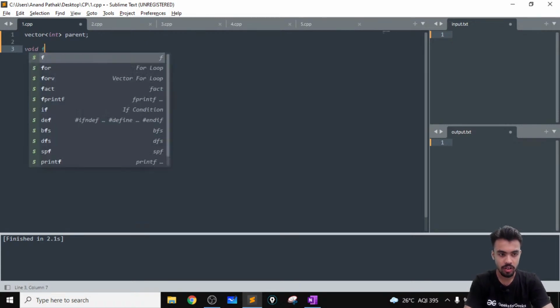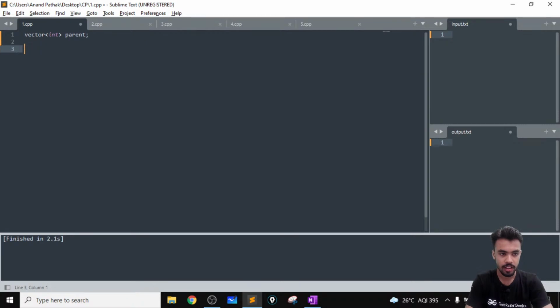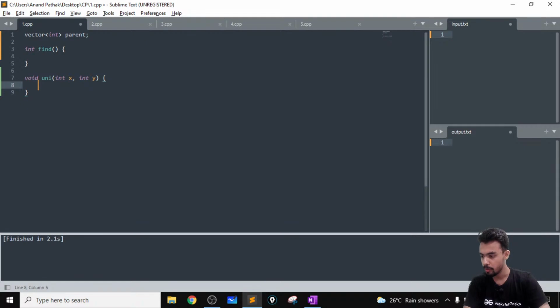One is int find, and the other function would be uni, a shorthand for union, that would be connecting these two values with each other. Okay, so these are the two functions we are going to implement.